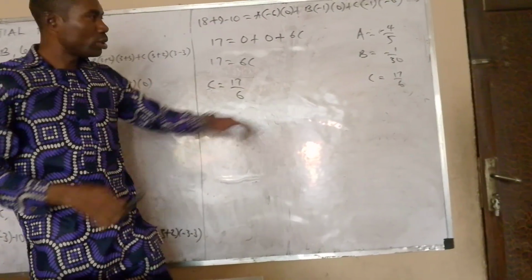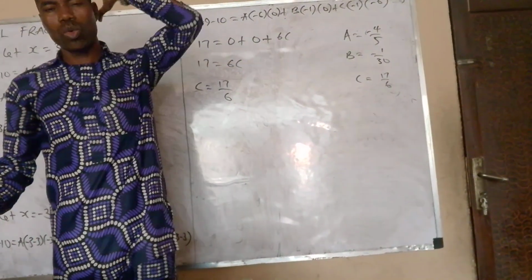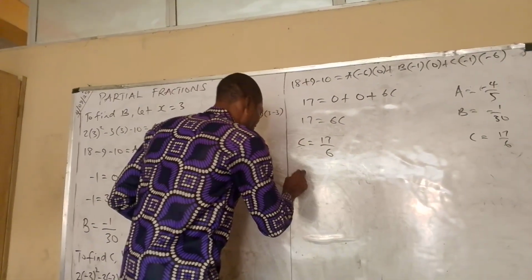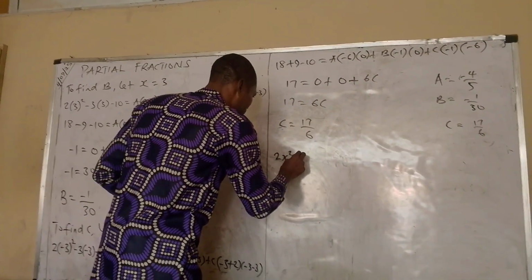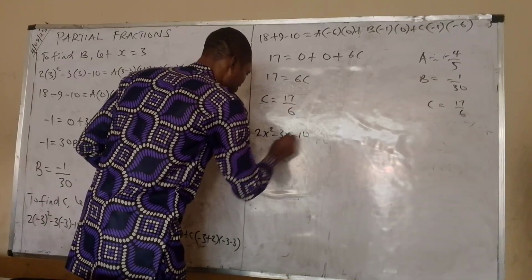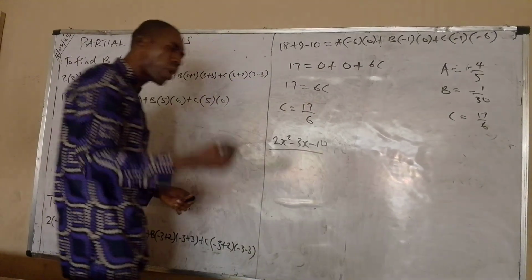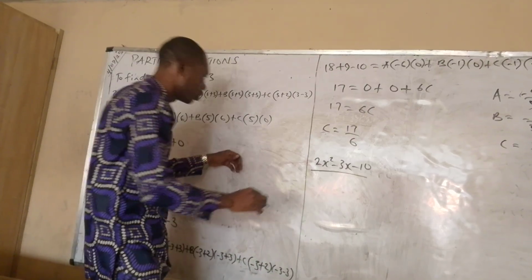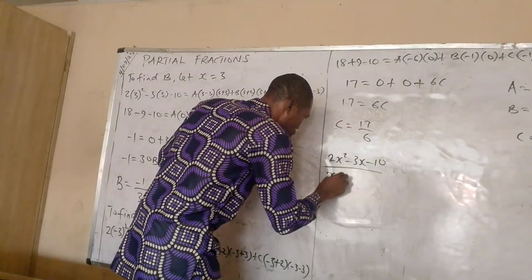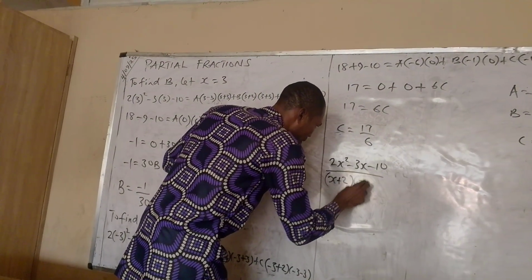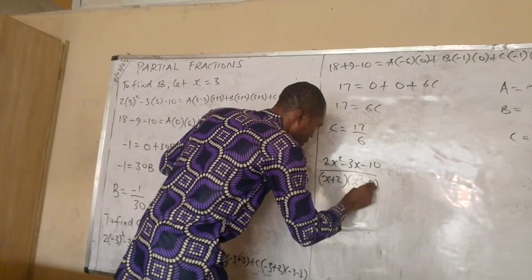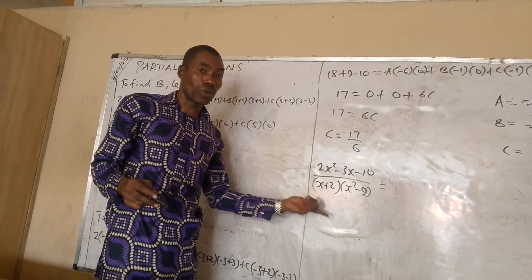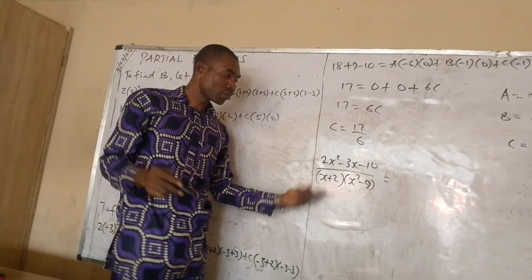Now, substitute these values into our previous equation. We have 2x squared minus 3x minus 10 over our original compound fraction, x plus 2 into bracket x squared minus 9. This is what we are asked to resolve into partial fractions. So your final answer must contain this.